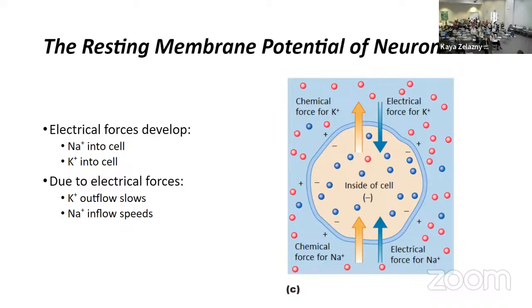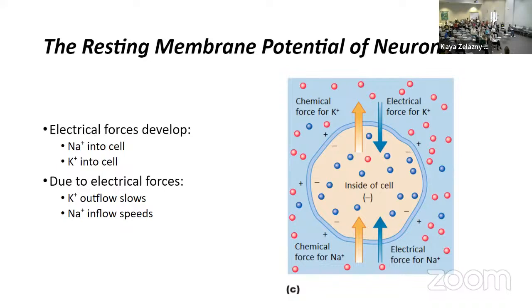So that means we end up changing concentrations of sodium inside the cell versus outside the cell, changing concentrations of potassium inside the cell versus outside the cell, and changing overall how many positive charges we have outside the cell versus how many positive charges we have inside the cell. So we're kind of depleting the inside of the cell of positive charges because we pull so many sodium out and only put some potassium back in.